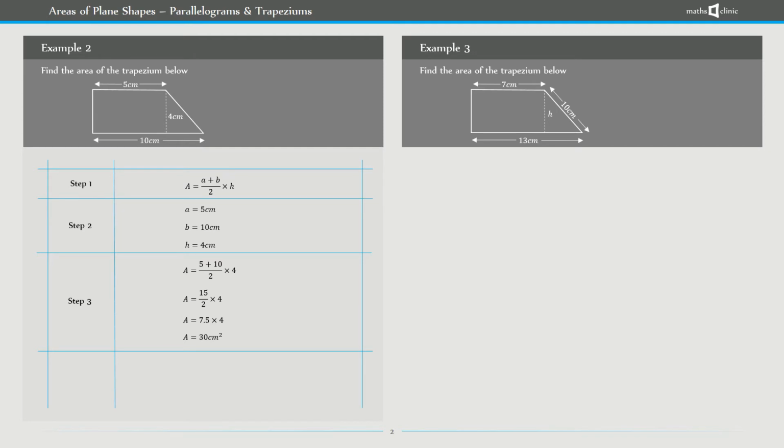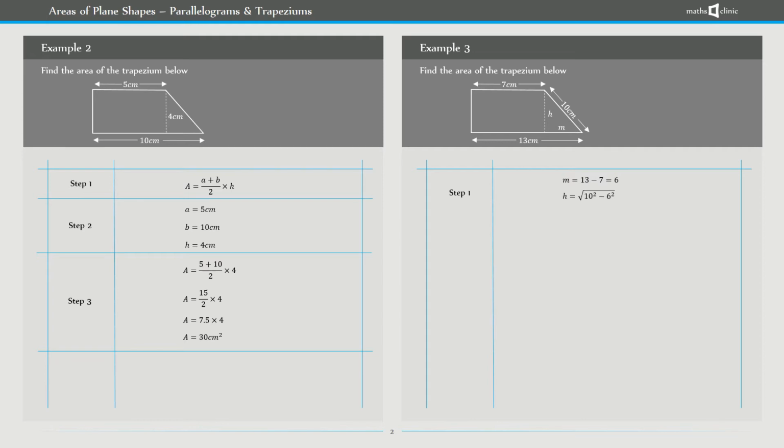Okay, so H. To solve for H, I think we can work with Pythagoras' theorem here. I'm going to introduce M over there. Once we have these, I can go ahead and say my M equals 13 minus 7. Okay, the length M, that's the adjacent of the small triangle there, is the length 13 minus the length 7, and gives me 6 centimeters.